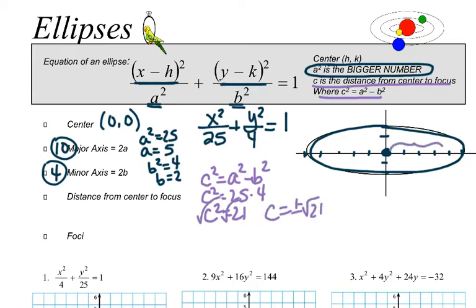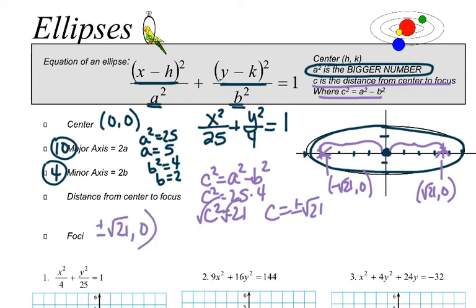So in each direction, the plus and the minus, and I'm just going to estimate where it is, I'm going to go a distance of the square root of 21. That gives me these two ordered pairs. The distance from the center to the focus is the c, and the actual foci are plus or minus root 21, comma 0.